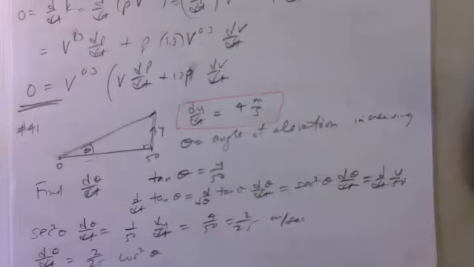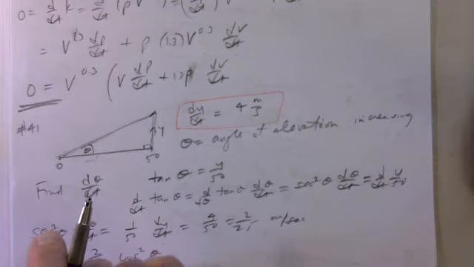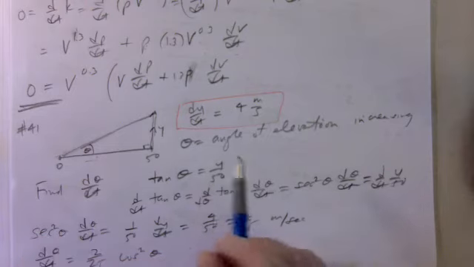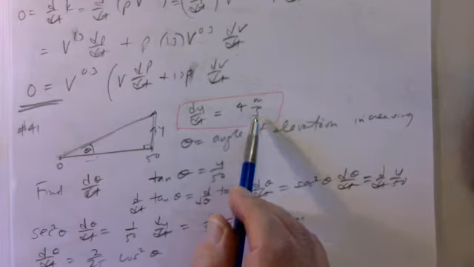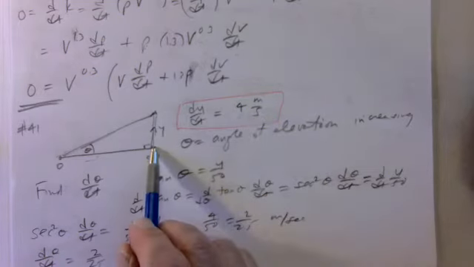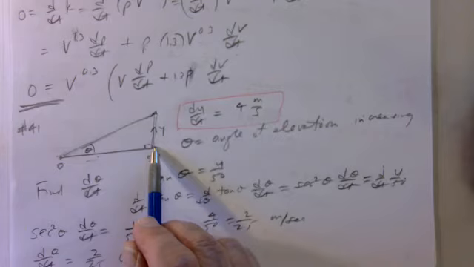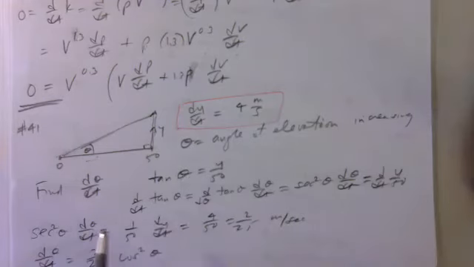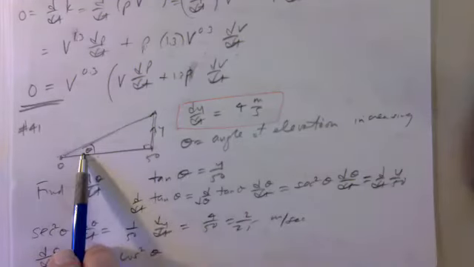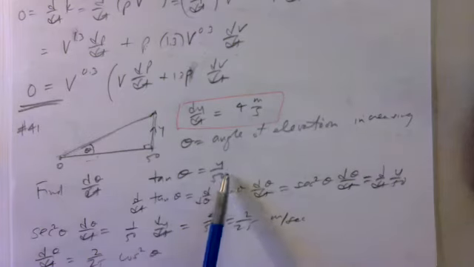Let me just double check. So the balloon is rising at a rate of 4 meters per second. The balloon starts 50 meters from the observer on the ground. Find the rate of change of the angle of elevation. So the tangent of theta is y over 50.